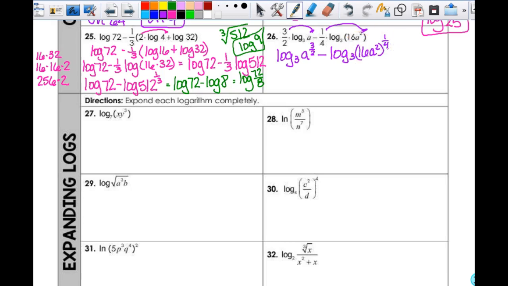When I distribute this, this gives me log base 3 of a to the 3/2 minus log base 3 of 16 to the 1/4, and then this 1/4 times 2, what's 1/4 times 2? 2 divided by 4, which is 1/2, a to the 1/2.